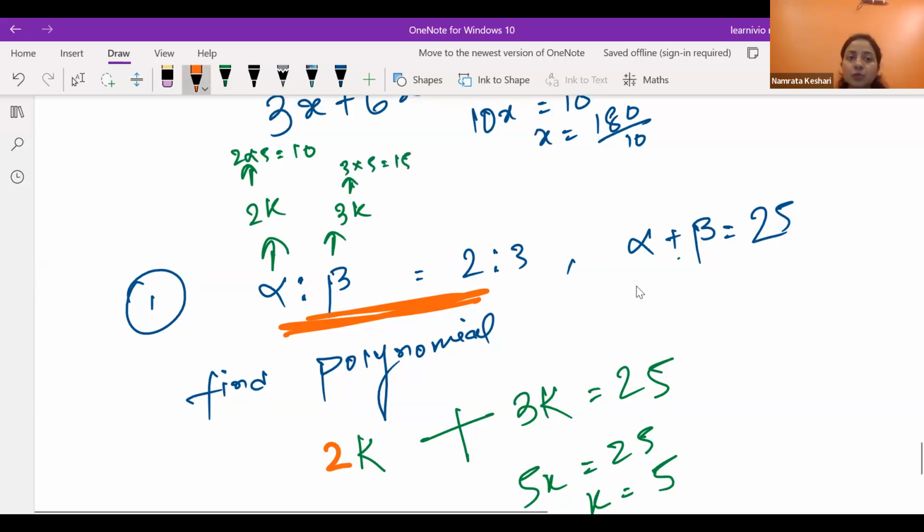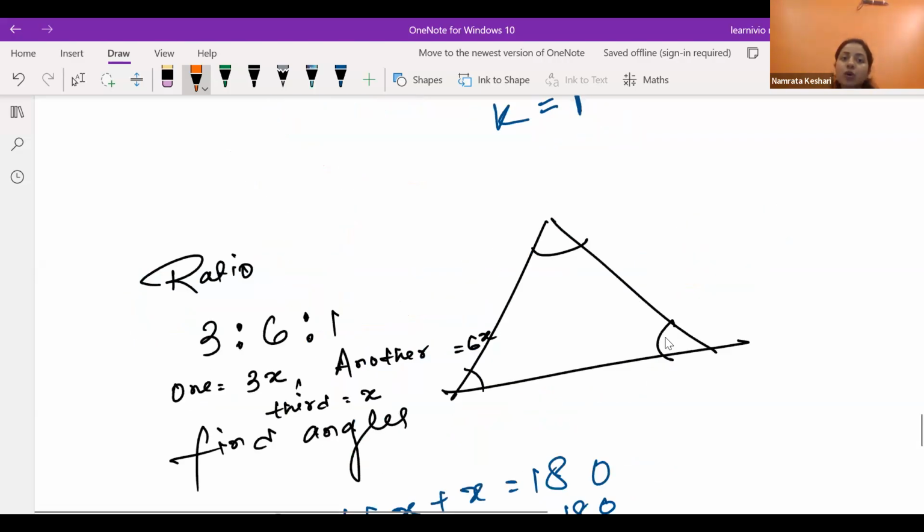Now we know the roots. The sum of the roots was already given. We could have proceeded to create the polynomial, but the product of the roots was not known. We needed to find alpha and beta to get that product, and now we will be able to find the product of the roots and hence the polynomial. Making sense? Yes, ma'am.